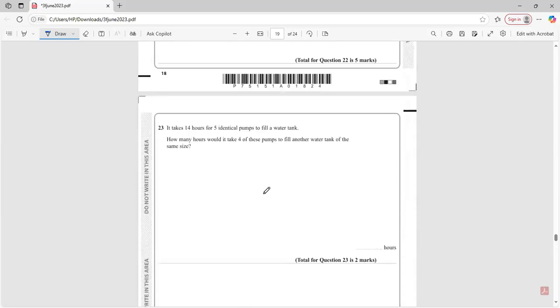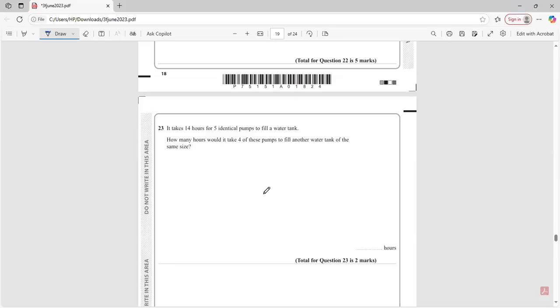So we move on. Question 23 says it takes 14 hours for 5 identical pumps to fill a water tank. How many hours will it take 4 of these pumps to fill another water tank of the same size? Questions like this are proportion questions.